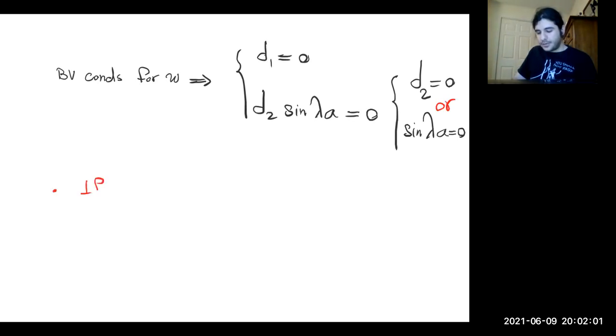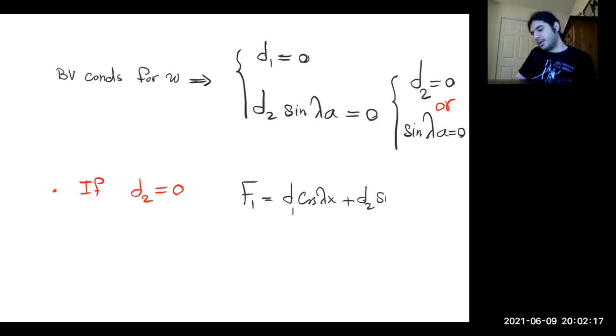Okay, if D2 is equal to 0, that's very, very bad, right? Because remember, what was f1? f1 was D1 cosine lambda x plus D2 sine lambda x. If D2 is 0, since D1 is also equal to 0, the whole f1 would be 0.